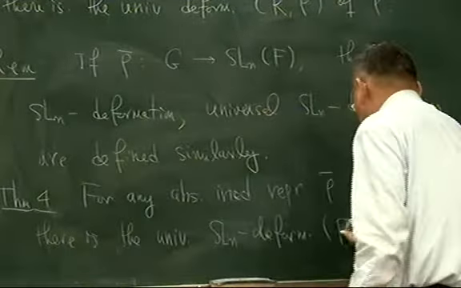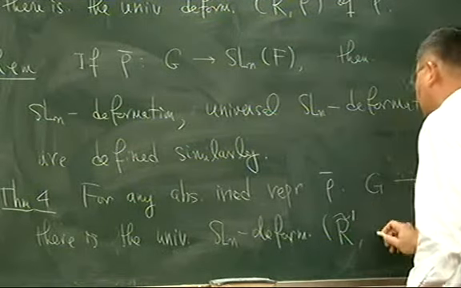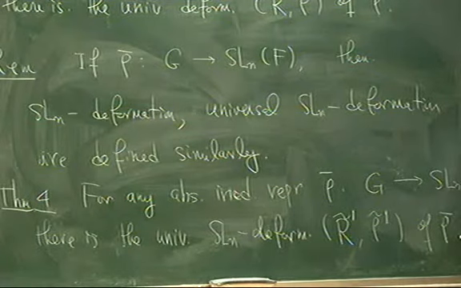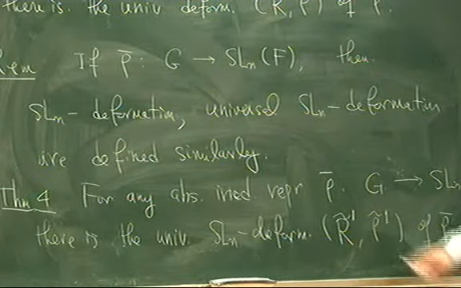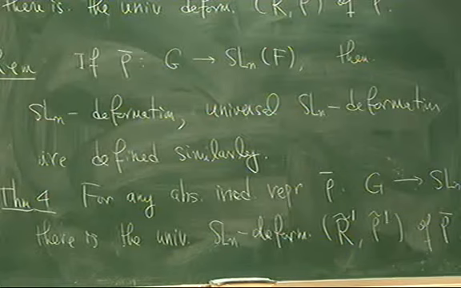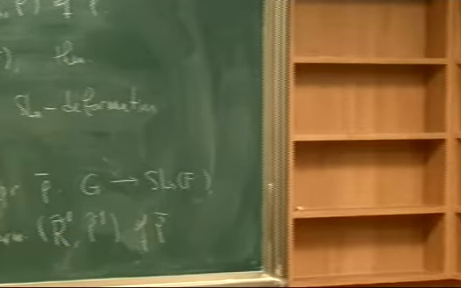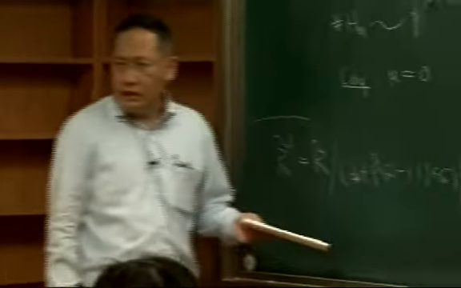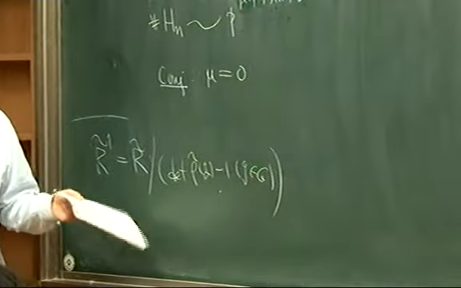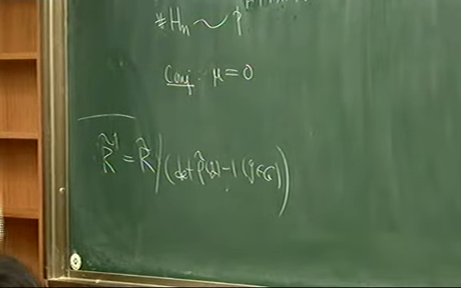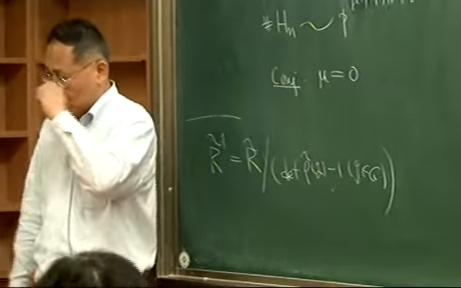Let me call it R tilde 1 and rho tilde 1 over R tilde 1. This R tilde 1 is simply the quotient ring of R tilde by the ideal generated by the determinant of rho tilde(g) minus 1. So we have the universal SL_N deformation.